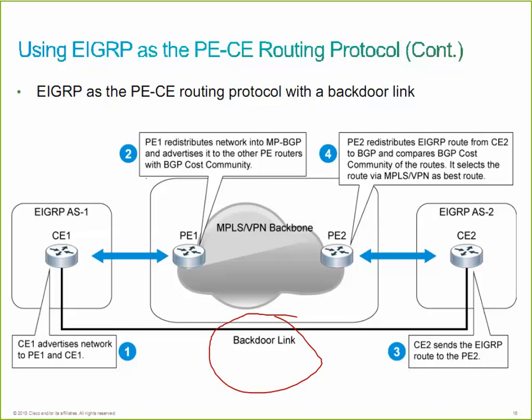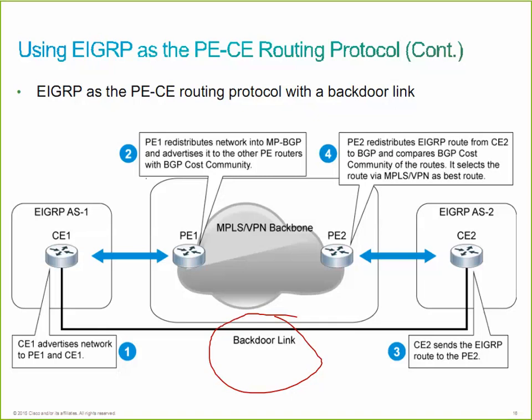When CE1 advertises a route prefix, it's getting advertised to the PE1 router and the CE2 router simultaneously. We know that the PE1 router is going to install that route into its VRF, and then it's going to redistribute that EIGRP route into BGP. We're going to pass that route to the PE2 router using MPBGP and so on.